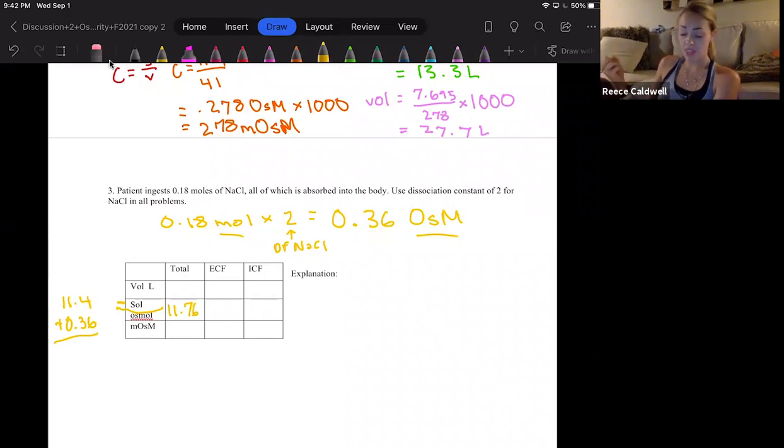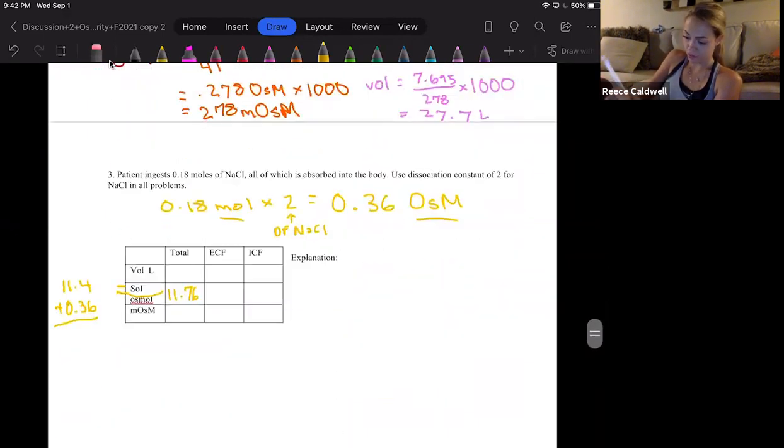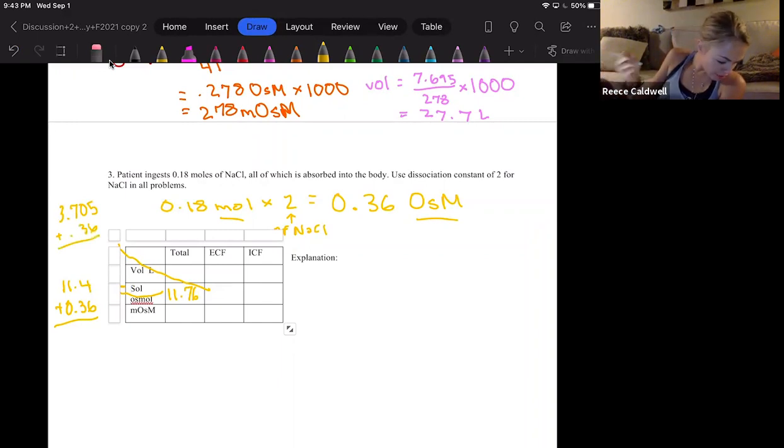We're going to do the same thing for our extracellular fluid. So we'll take that 3.705, add those osmoles that we just consumed, 0.36, and we will be left with 4.065.